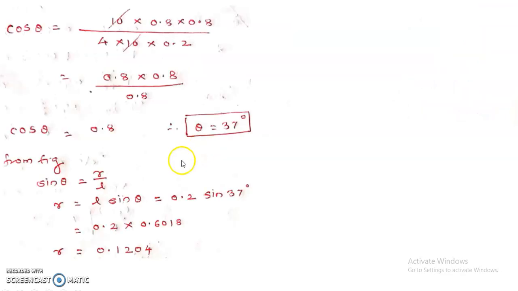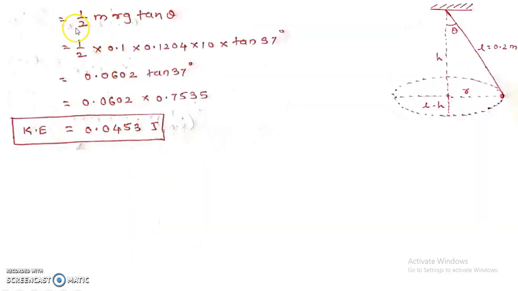You know that kinetic energy is given by the formula half mv square. Half as it is, m as it is, and instead of v square, we substitute under root r g tan theta whole square. So the square root gets cancelled, and we have r g tan theta only. Now m is 0.1, r is 0.1204, g is 10 and tan of 37 degree.